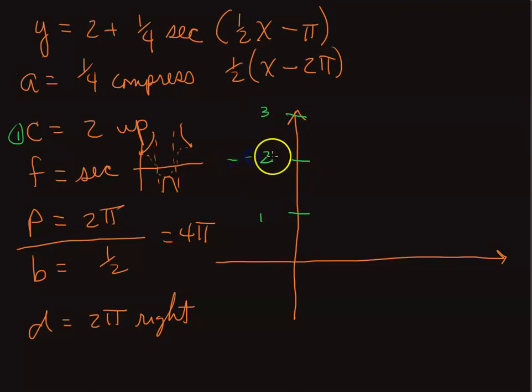So up 2 is where our new center is. From that center, we want to go up a quarter and down a quarter. So this is 2 1/4, and this is 1 3/4.